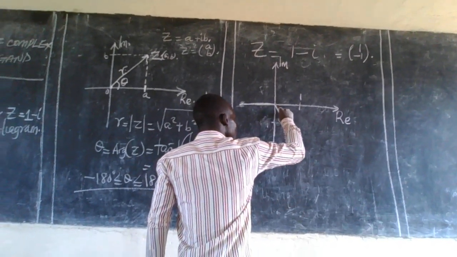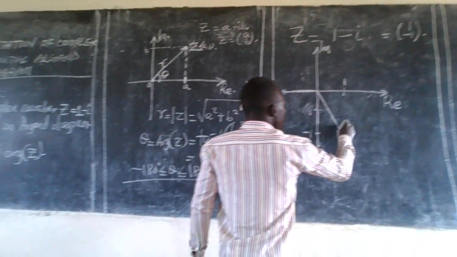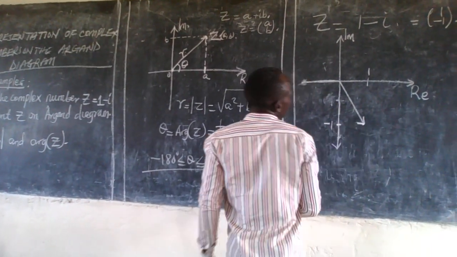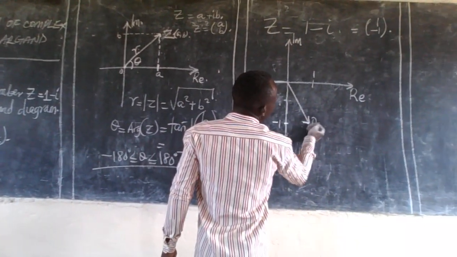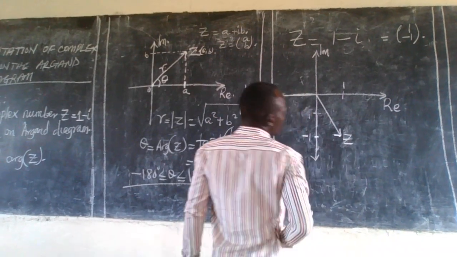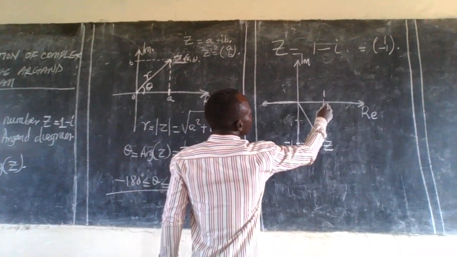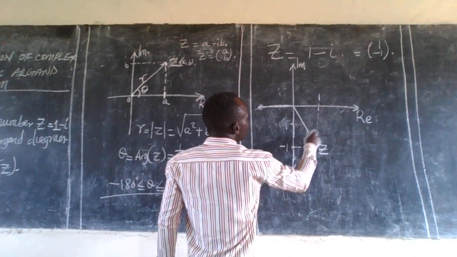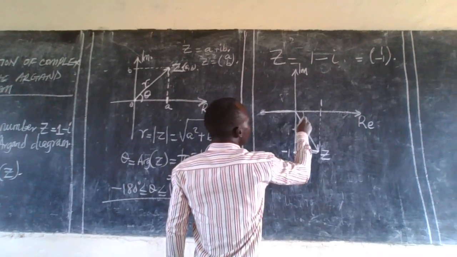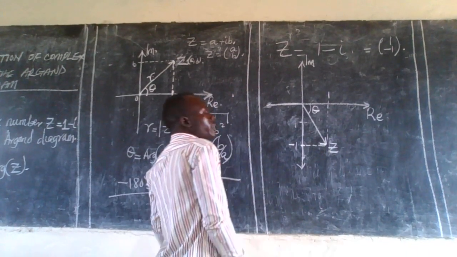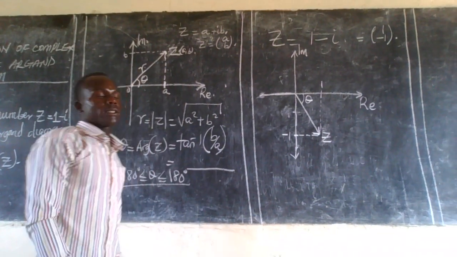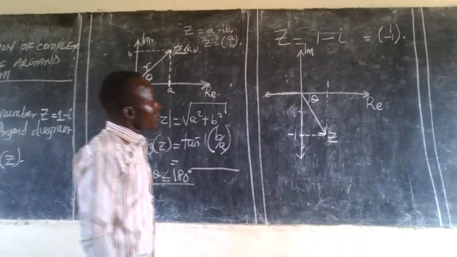Then I draw a straight line from the origin. Then I make my arrow there. This becomes z. We also join the dotted lines. If we want to get the argument, we put theta there.